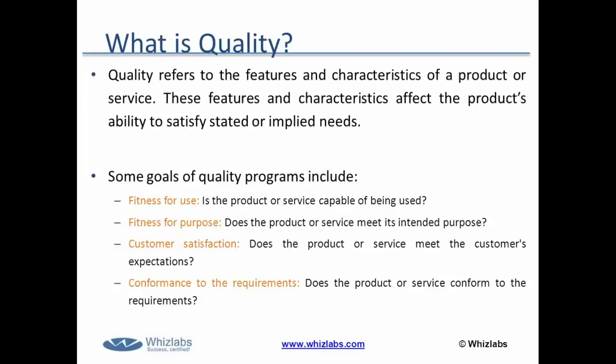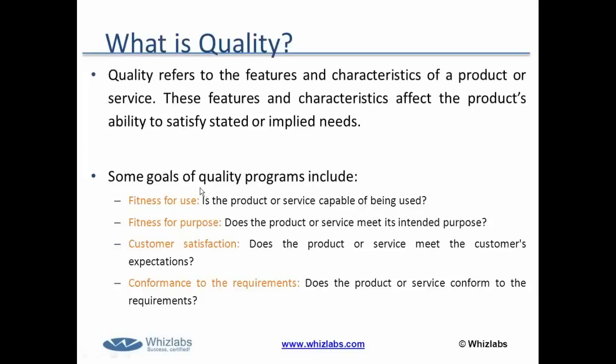Maybe the wireless services should be accessible from a range of 20 meters, and the wireless services should be usable from any device which has wireless features, like a mobile, an iPad, a laptop, a desktop, or any other electronic gadget. So quality is about meeting the stated and implied needs of the product, and these features and characteristics are the wireless services, the range, or maybe any functional requirement of that particular modem.